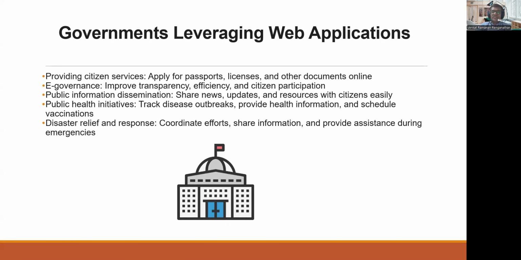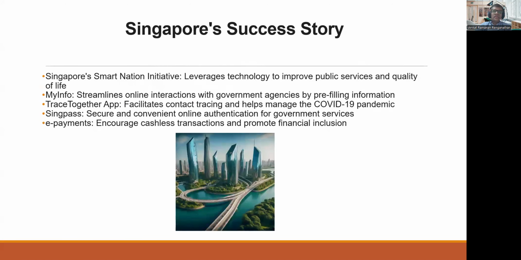It's beyond convenience. Let's see how Singapore is using web applications. Singapore is a leading example of how governments can effectively utilize web applications to create a smarter and more efficient nation. These initiatives show us how web apps can improve government services, enhance citizen engagement, and contribute to a better quality of life. We have already seen it, right? There is no need to carry money anymore in Singapore.